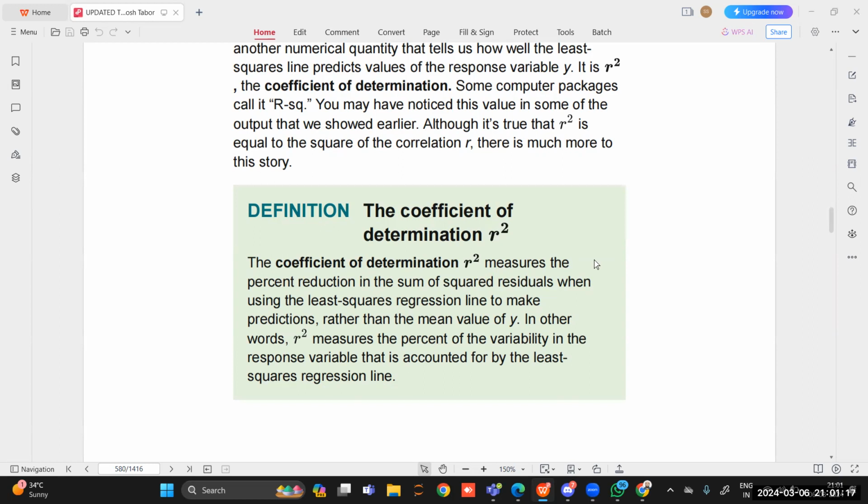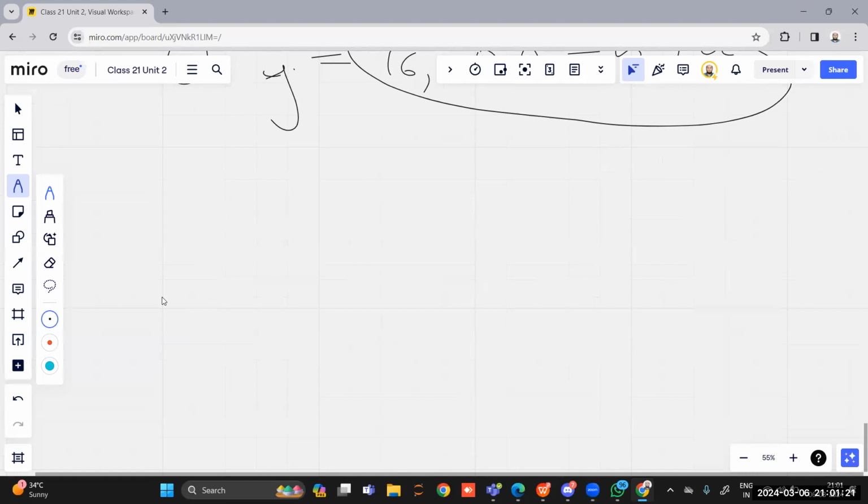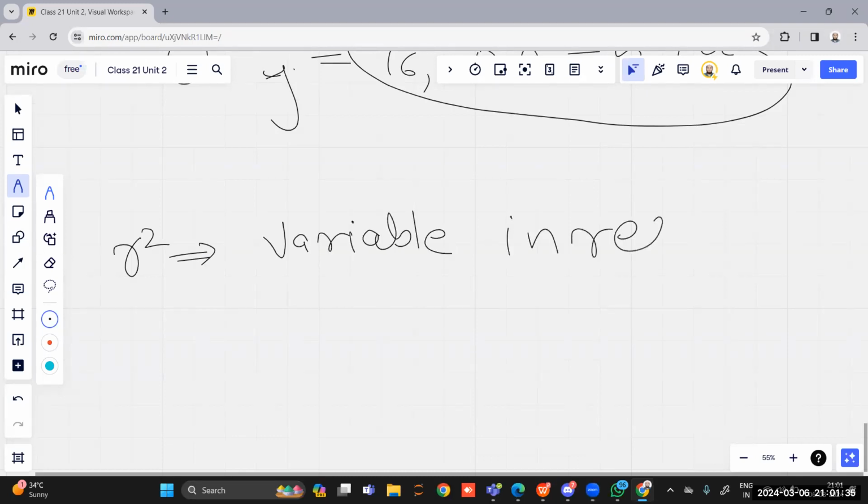Now, what is r squared doing? S was looking at the difference between y predicted and y actual. But r squared is looking at the variability in the response variable, when done by least square regression.